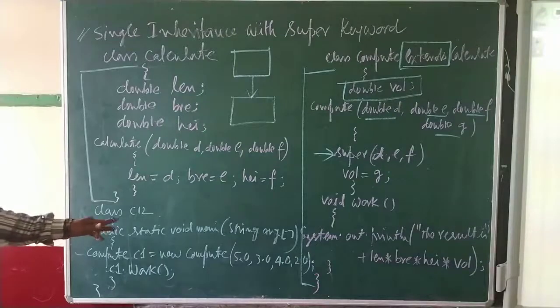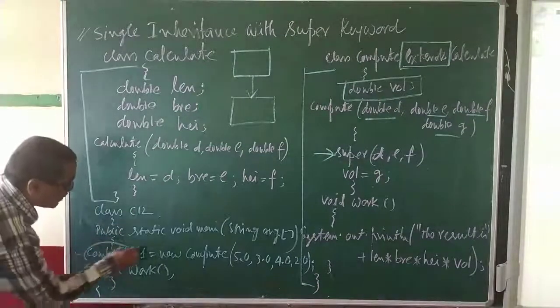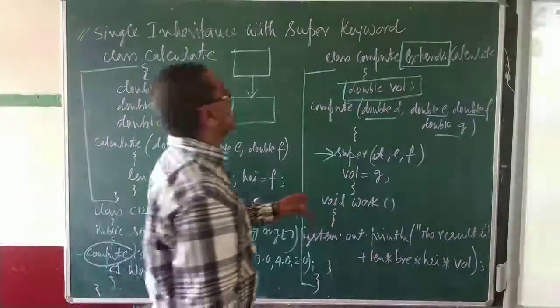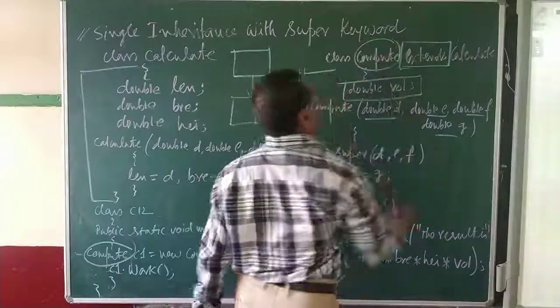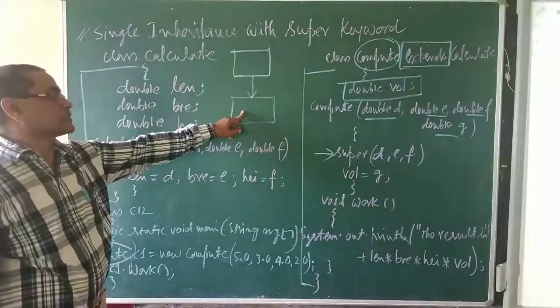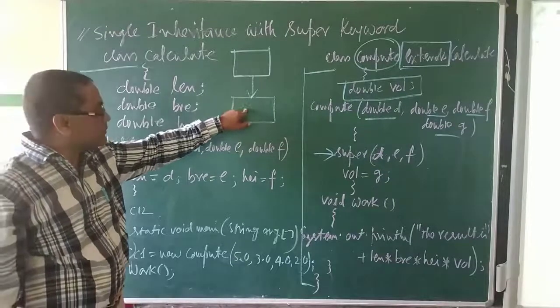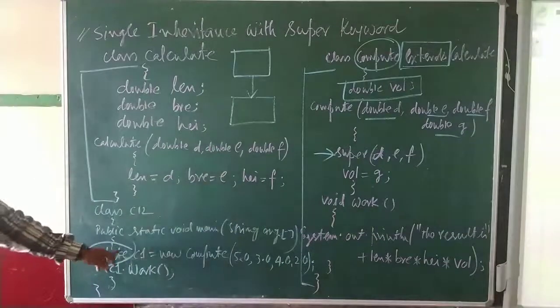Now this is public static void main, String args. Compute C1. This compute is the derived class. You have to call the derived class; the derived class calls the base class. So we generate the object from the derived class.